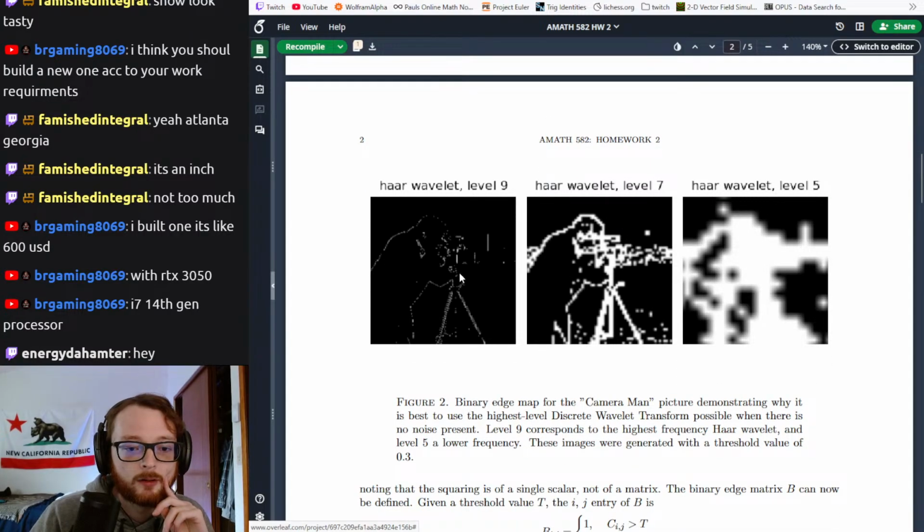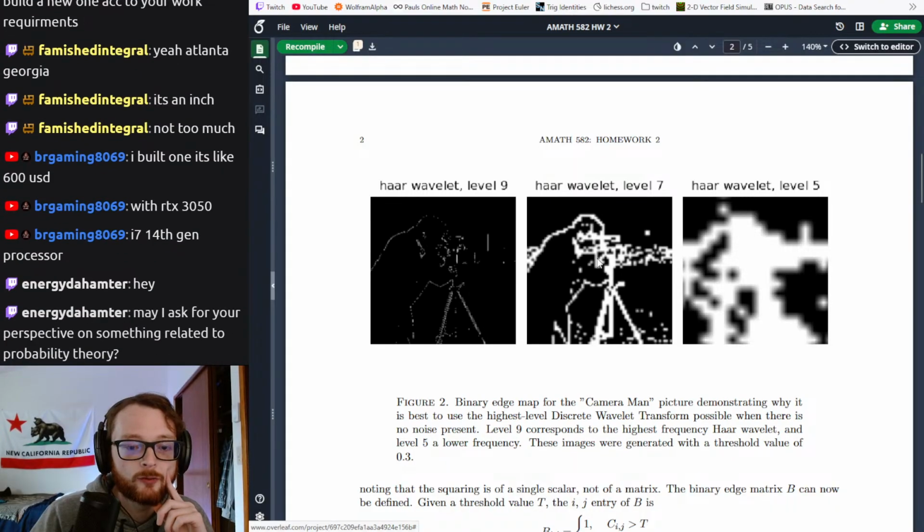The coarser frequencies just give you coarser edges, so it's not as exact. And also, each level coarser you go, your resolution gets cut in half. So this one, level 9 is the finest level, level 5 we divide in half 4 times the resolution here, so it's just a blob.